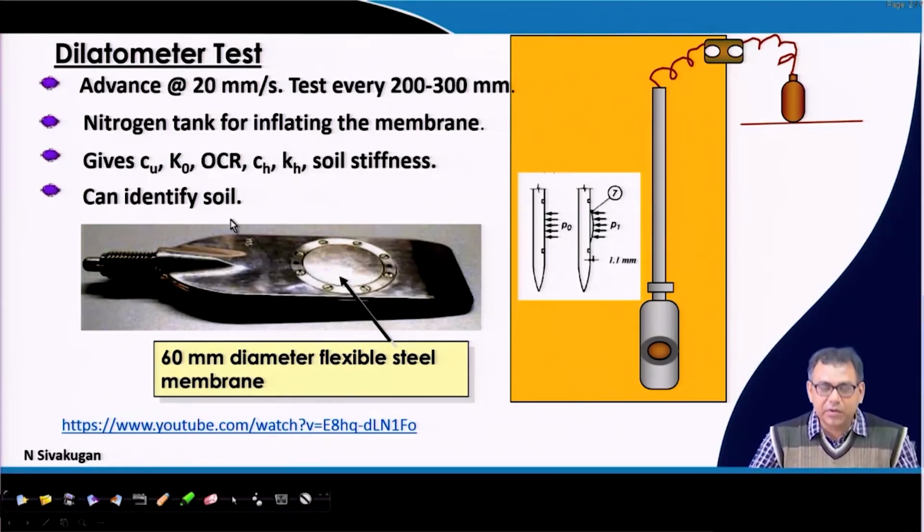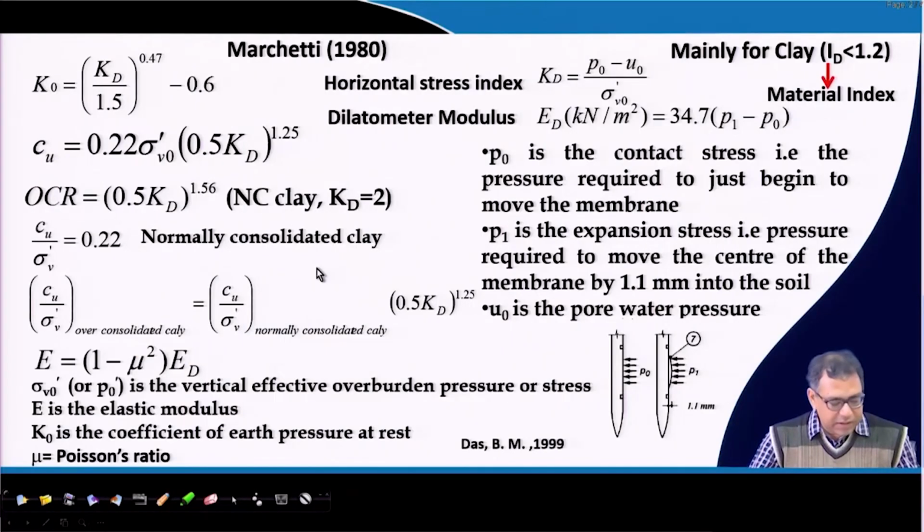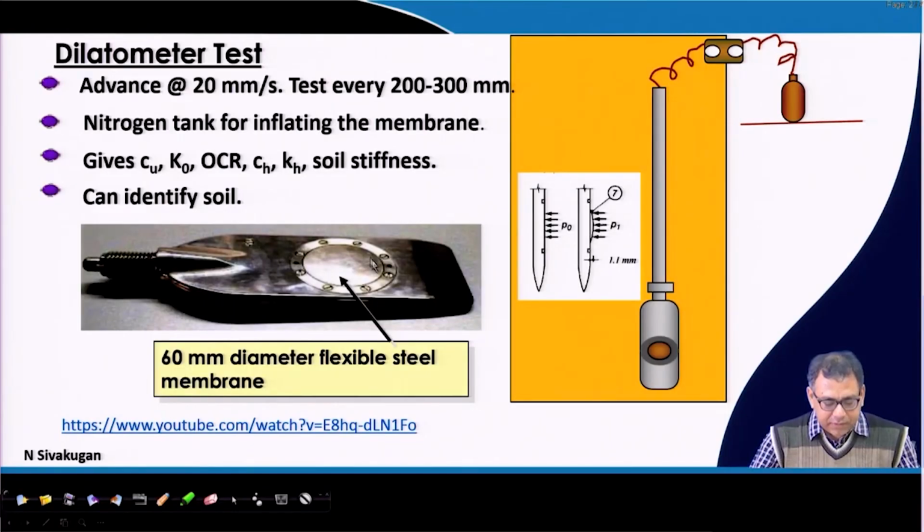Here also it is similar to the pressure meter, but the difference is that there will be a flexible steel membrane in this equipment, and we have to use nitrogen for inflating this membrane.